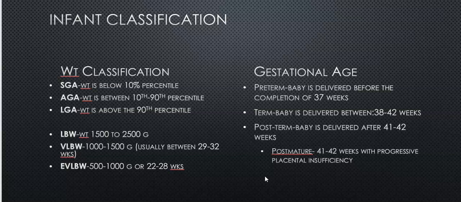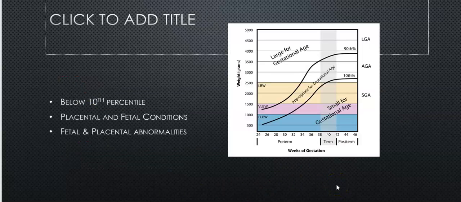What you're going to see clinically is most healthcare teams don't wait to the point of placental insufficiency to act. They may induce mom prior to that, but there may be problems with her being able to deliver, or sometimes parental choice may play a role here as well. But a baby who's post-dates with placental insufficiency may be classified as post-mature.